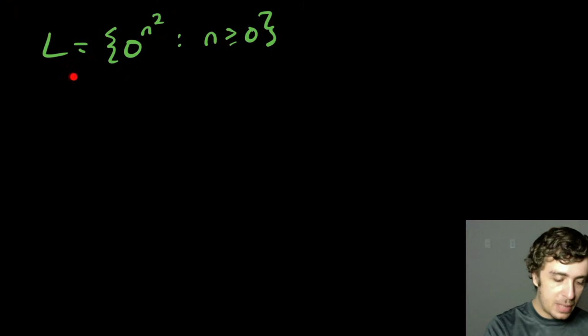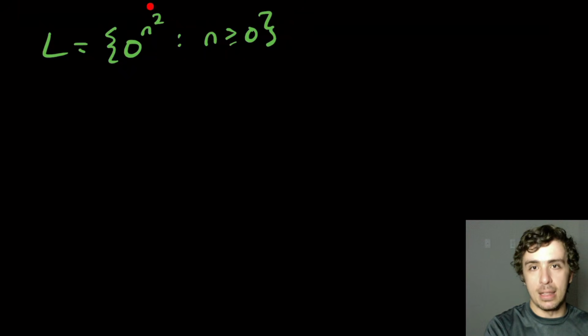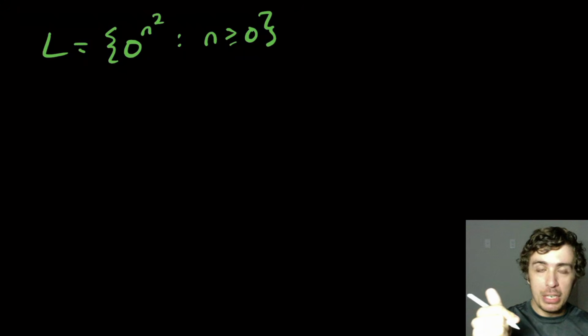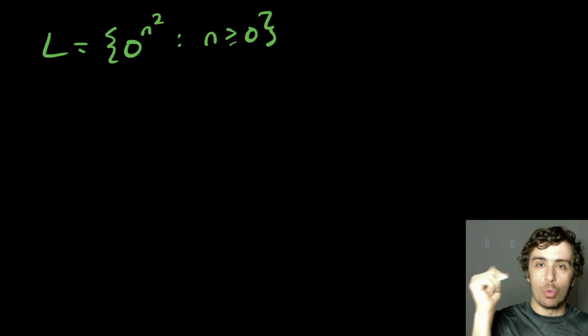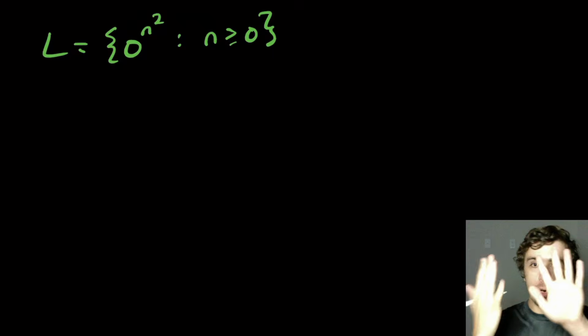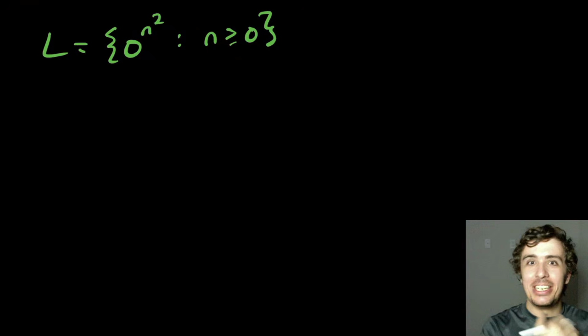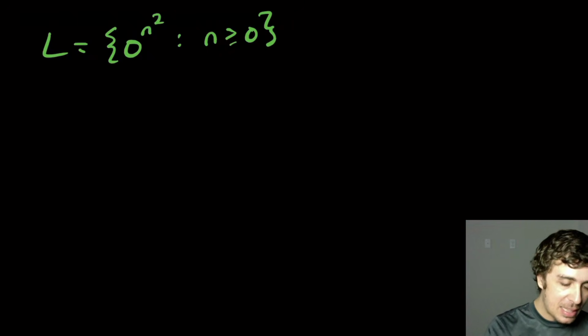Okay, so let's prove that this language is not regular. So n squared up here is for all integers n at least 0. So this represents a perfect square number of zeros. So 0 zeros, the empty string, or 1 zero, or 4 zeros, or 9 zeros, 16 zeros, etc. And we claim that this is not regular.